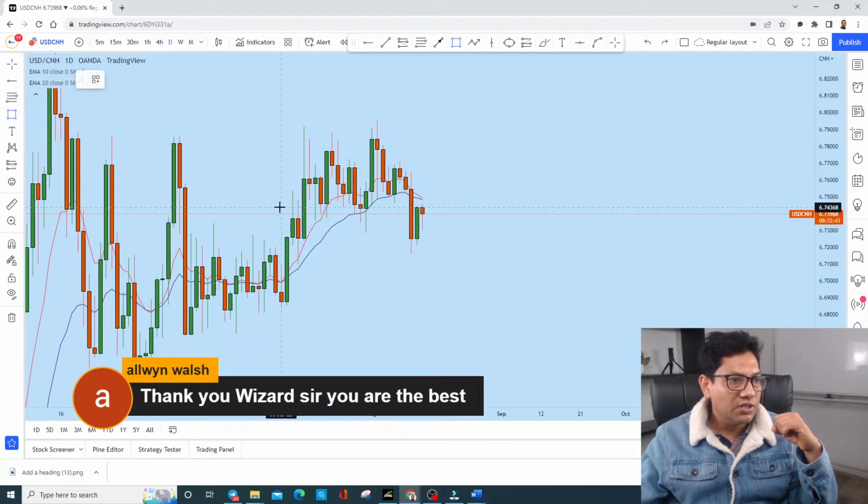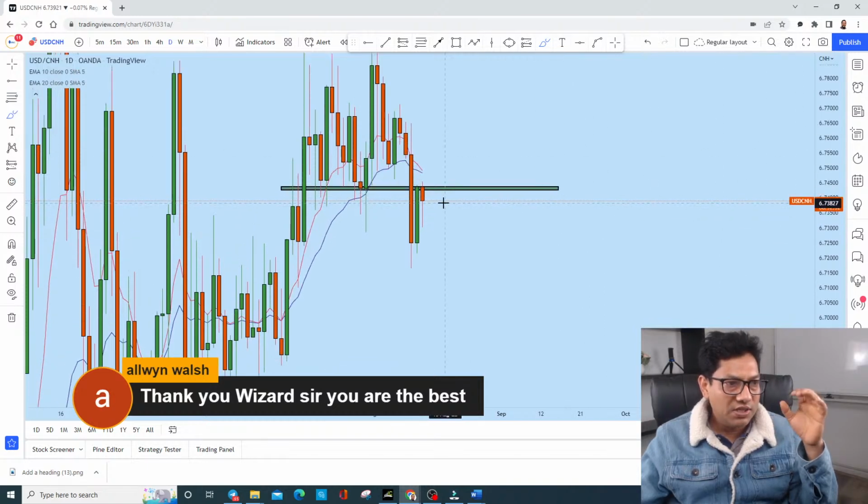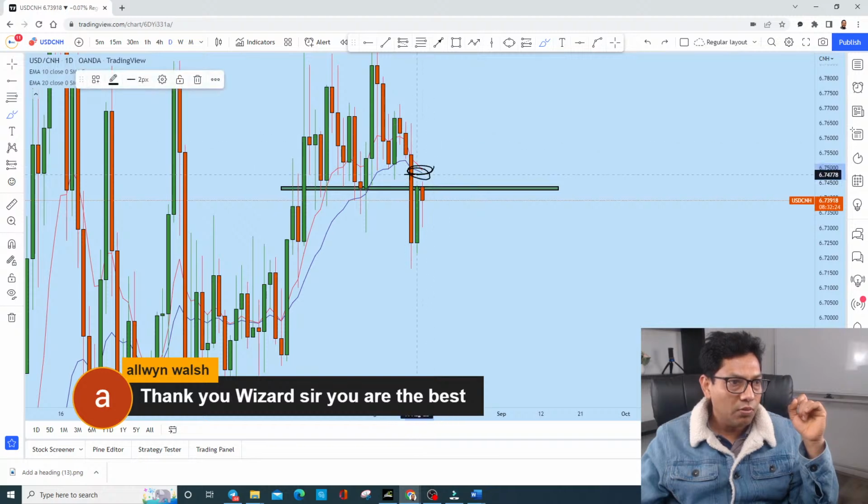Now this support has been tested as resistance, and the price is coming down. There is one probability that the price might go for a spike to the upside, probably test this daily 20 period moving average, create a doji, and then we could see that drop.